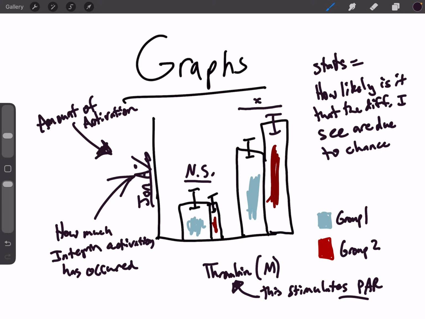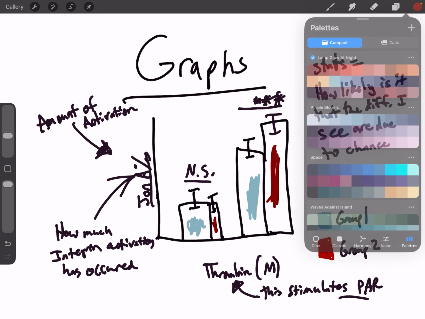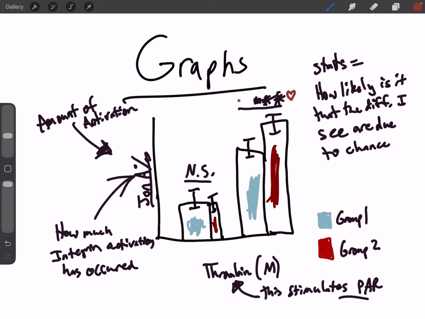which are the stars. If you see a small star, that means it is significant. But if you see 2 stars, it's even more significant. And even 3 stars and 4 stars, it's even more significant. Oh, we love these little stars. Let me just draw all the hearts around them.